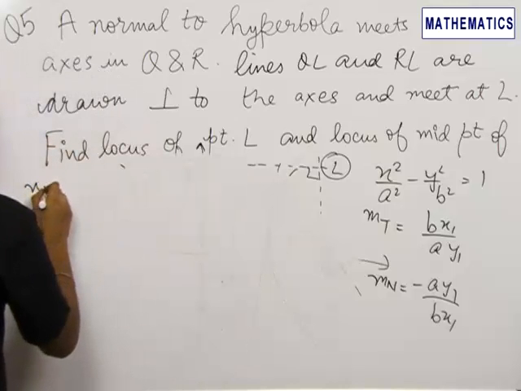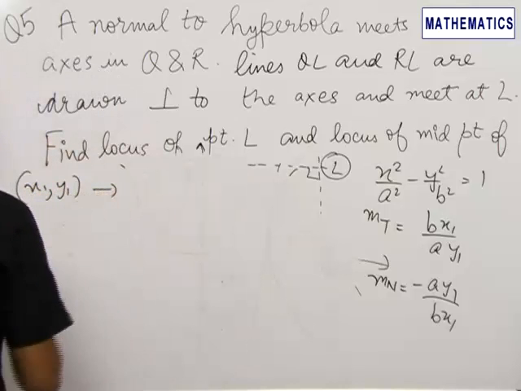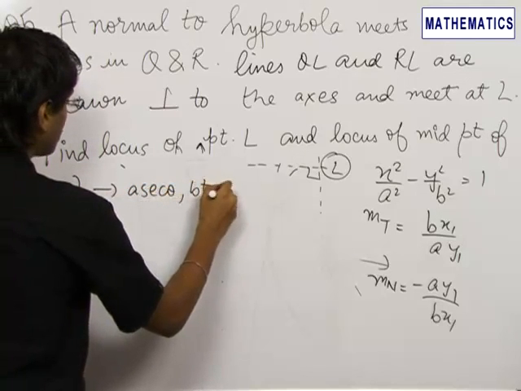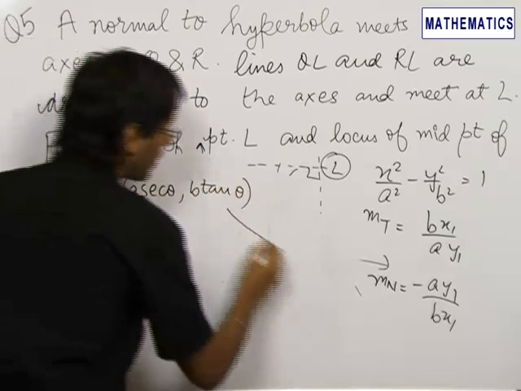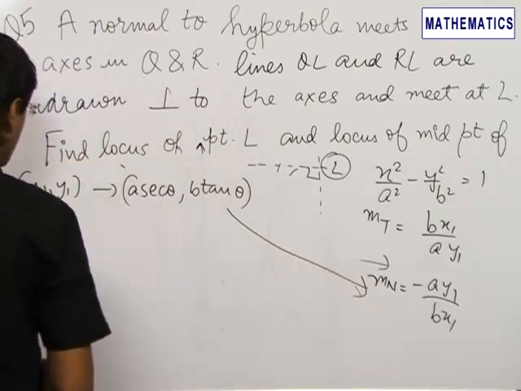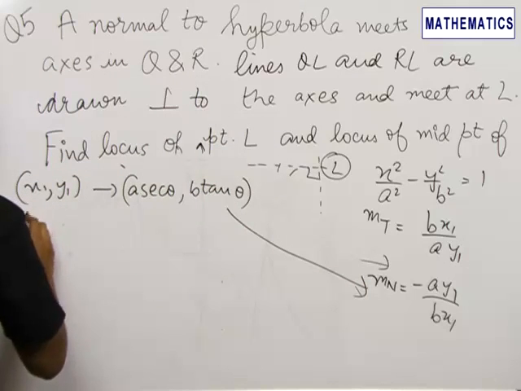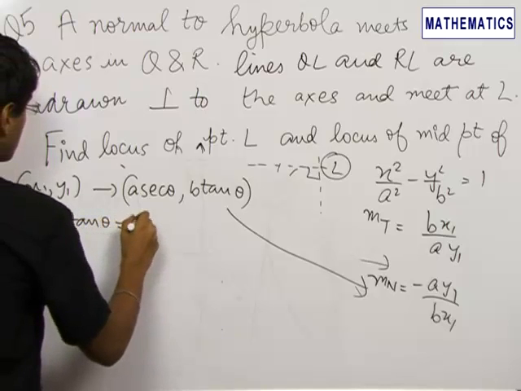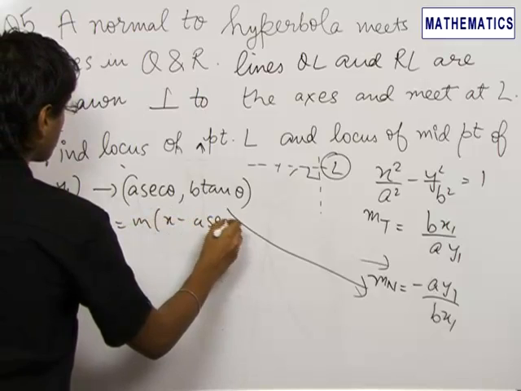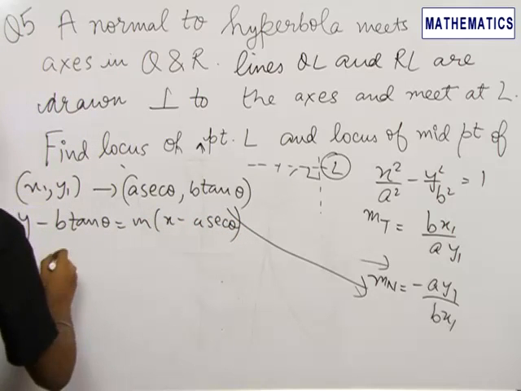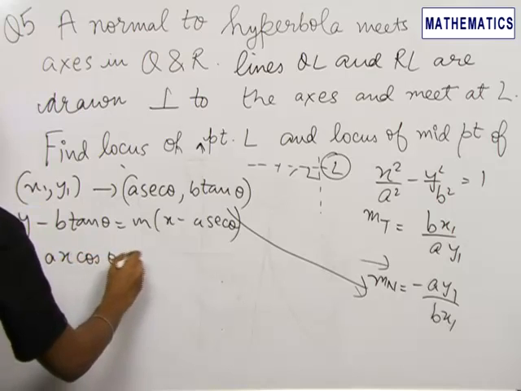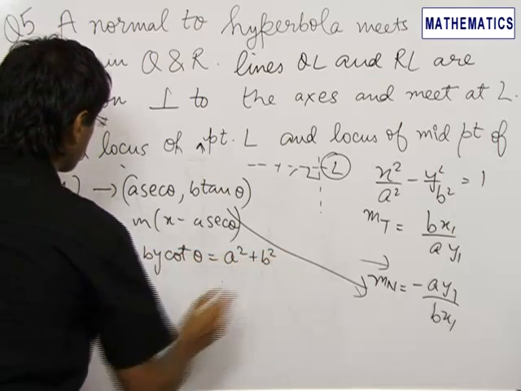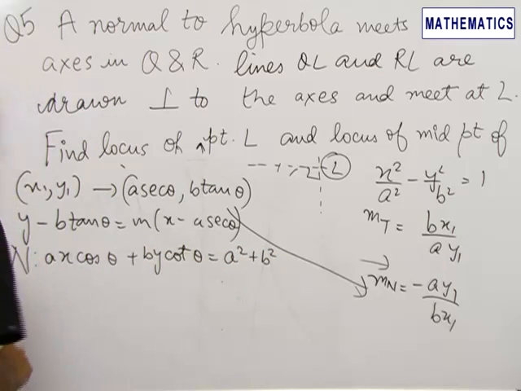If we take x1 comma y1 to be the point a sec theta comma b tan theta and substitute it over here, then we can get the slope of normal in terms of theta, and hence we can write the equation of normal as y minus b tan theta is equal to slope times x minus a sec theta, which can be simplified to get ax cos theta plus by cot theta is equal to a square plus b square. This is the equation of normal.